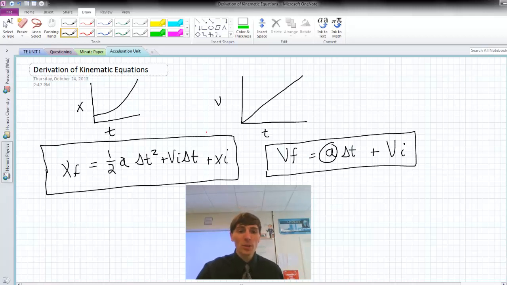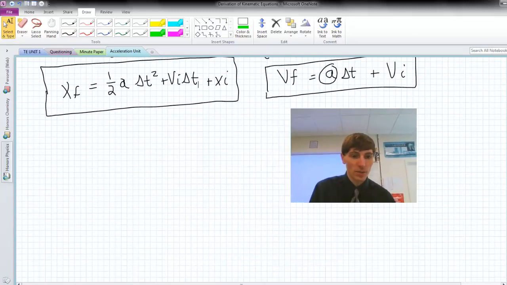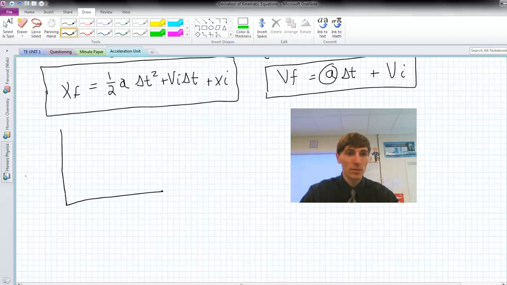So what I'm going to do today is show you how we can derive an equation that describes this accelerated motion, but that doesn't give us the variable of time. So I'd like you to consider the following. I'm going to make a velocity versus time graph. Here's my velocity, here's my time.